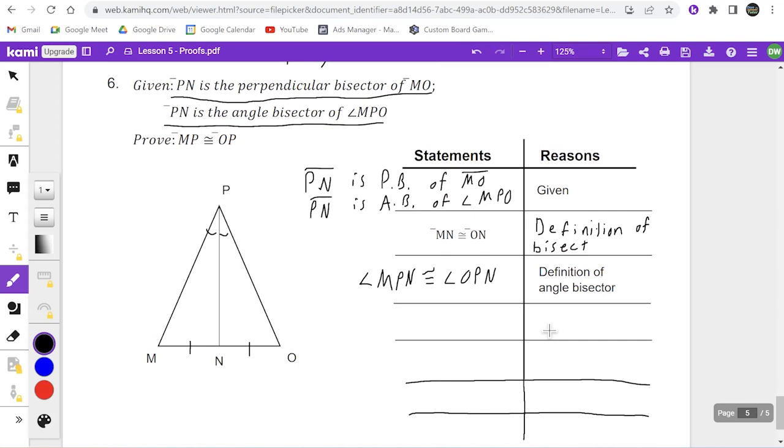So I'm going to ask the audience, what do you want me to give you next? Would you like the statement or the reason? And you're going to give me the other one. Statement. Okay, I will give you the statement. That's better. The statement is going to be angle MNP and angle OPN are right angles. What is the reason?